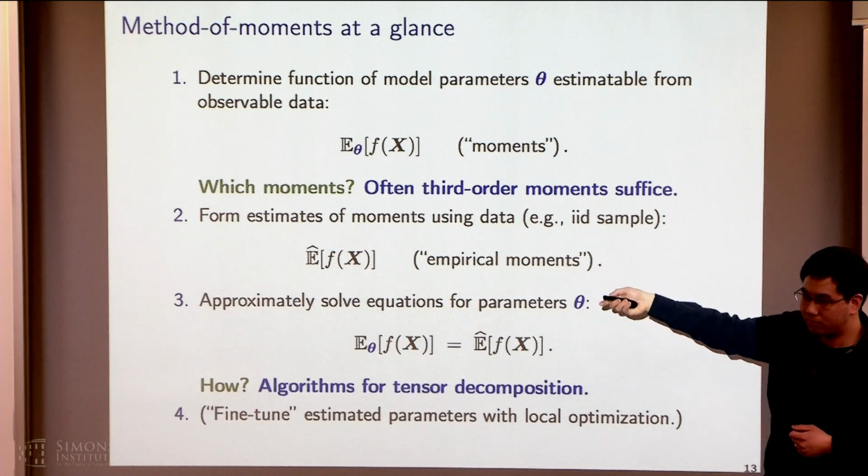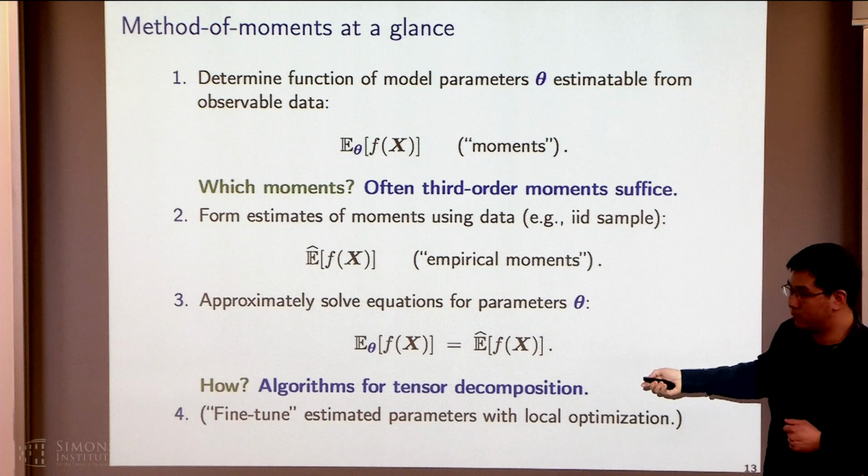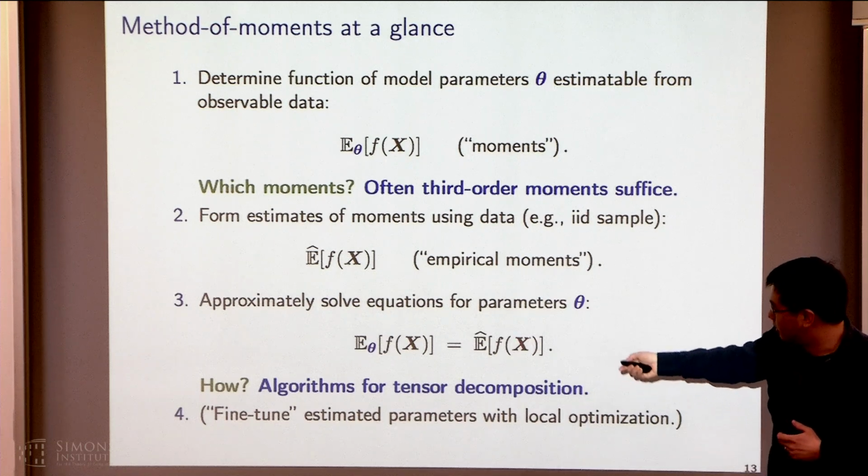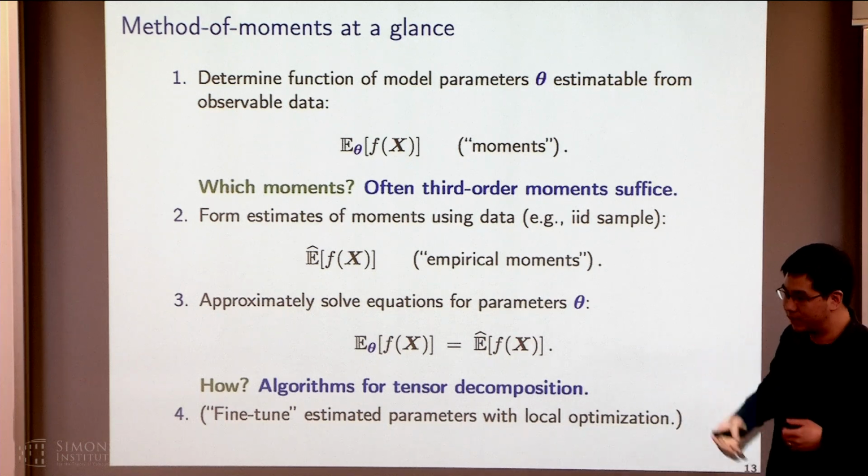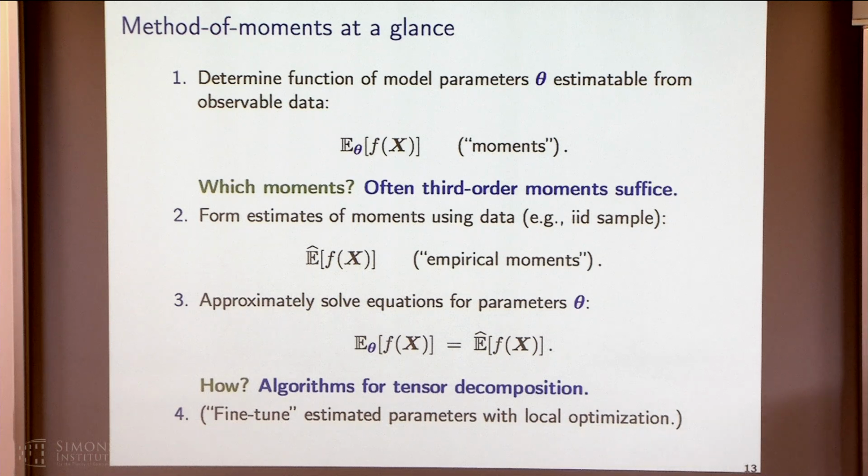Yeah, but the empirical on the right-hand side at the bottom should also have a theta? Yeah, so this is based on data generated, let's say, from the distribution with parameters theta. So it's just your estimate of it. This is maybe like an empirical expectation. So it's just a bunch of numbers that you actually compute based on your data. And you solve this equation for theta. I see. You want to find the theta that will match it.